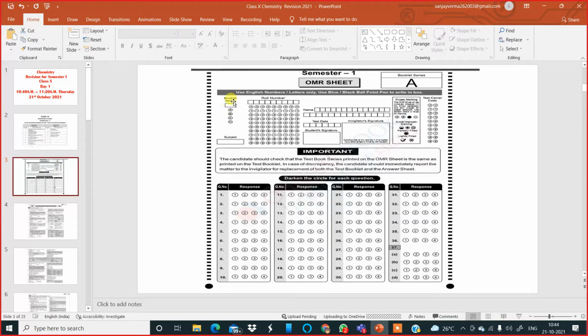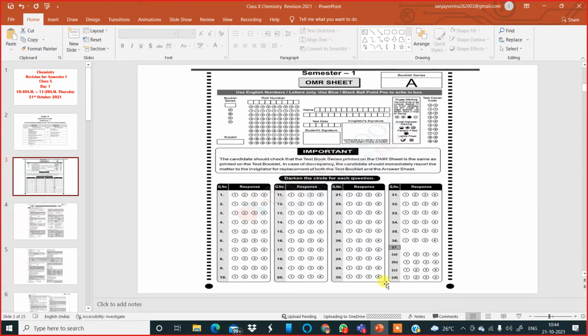Like booklet series, you'll have to circle it, put your roll number, your name, date, test, signature, invigilator signature, and so on. And for question number 1, there are 4 options, so you'll have to darken the option which is correct.